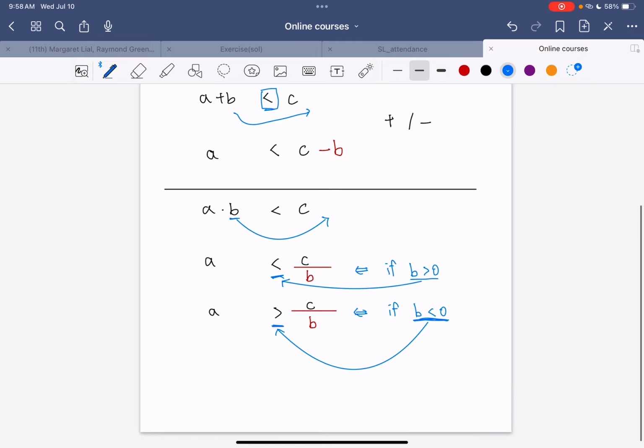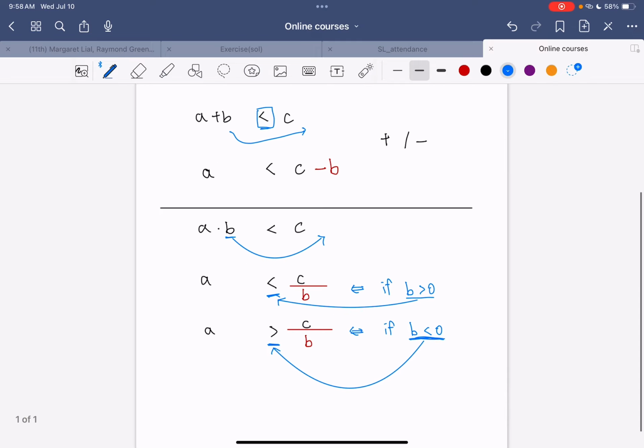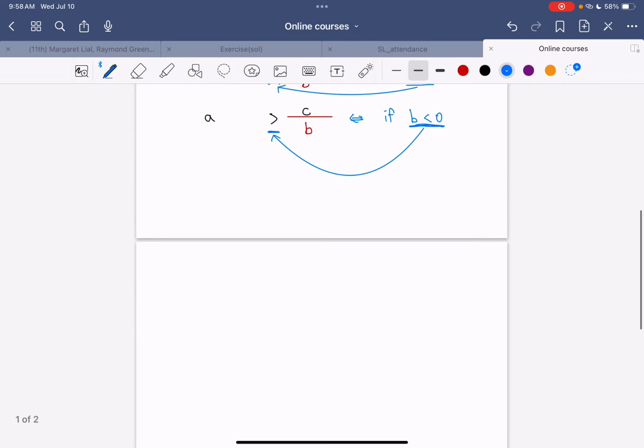When we are looking at it with variables, it's a little bit hard to understand. Let's give it an example.